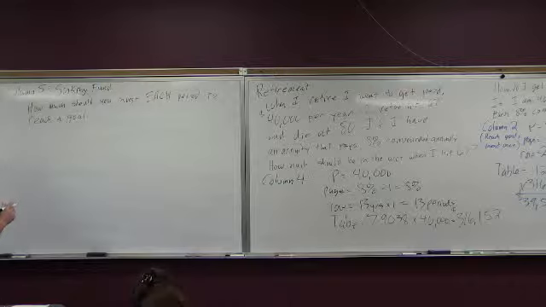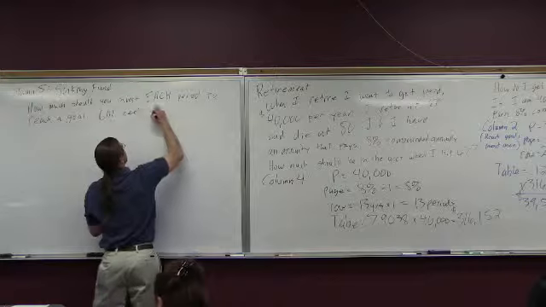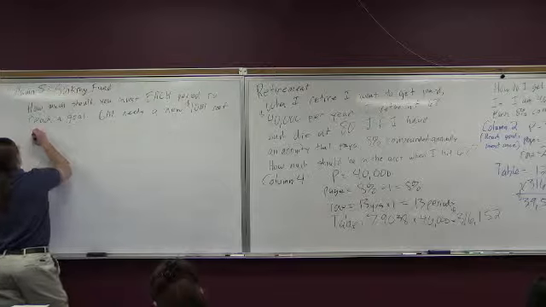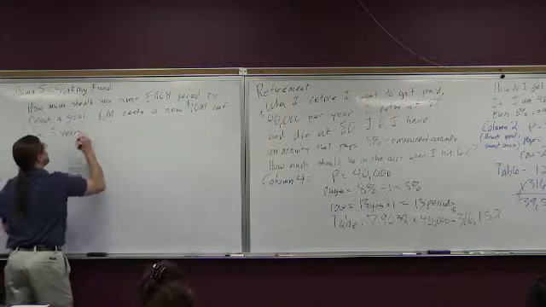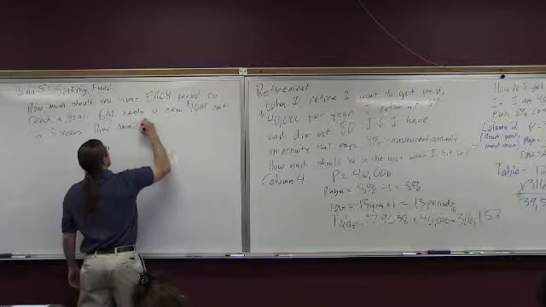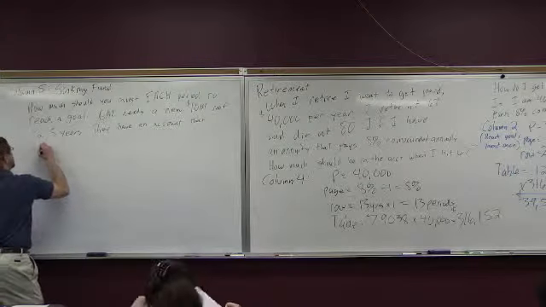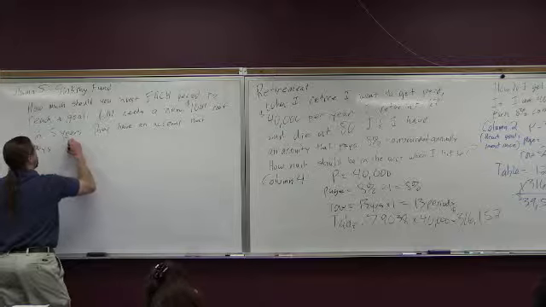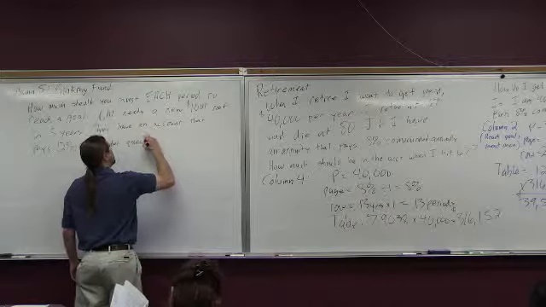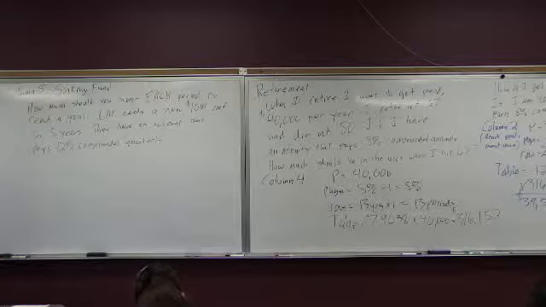All right. So in this case, GM needs a new $10 million roof in 5 years. They have an account that pays, let's say, 12% compounded quarterly. It is not uncommon, folks, for companies to find really good investment savings accounts, right?